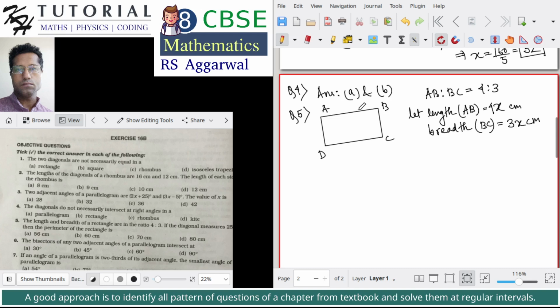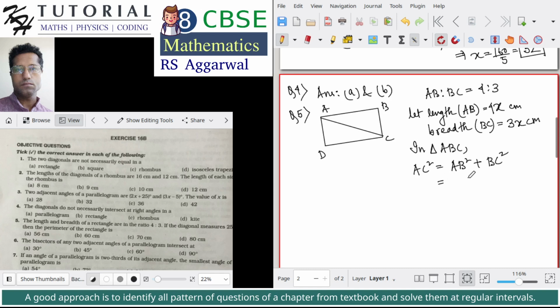The diagonal is given to be 25 centimeter. So the diagonal AC, in a rectangle the diagonals are equal. Using Pythagoras theorem in triangle ABC, we will have the diagonal AC square equal to AB square plus BC square.